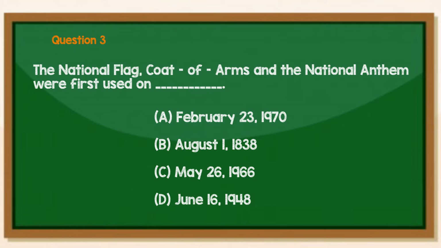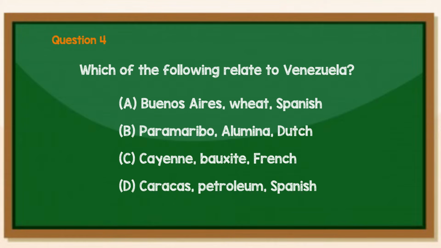Question 3. The national flag, coat of arms, and national anthem were first used on A, B, C, or D. Question 4.